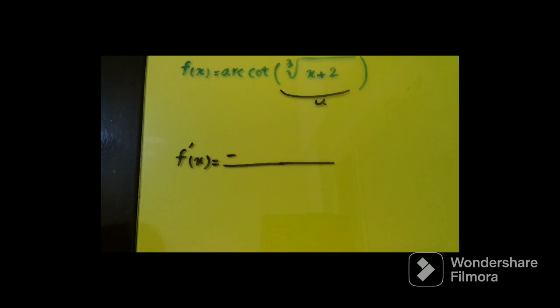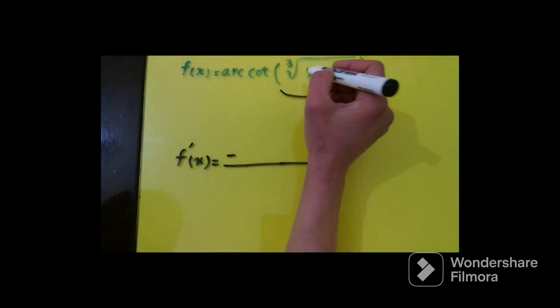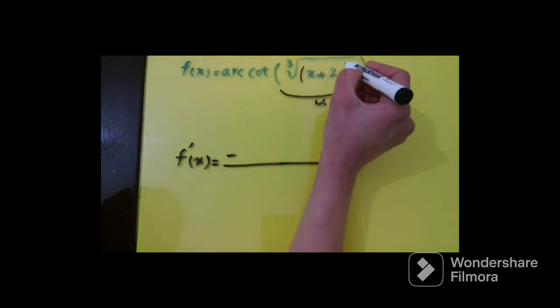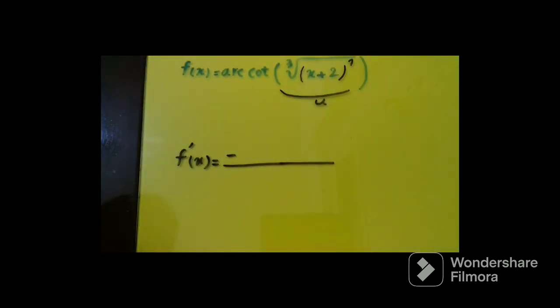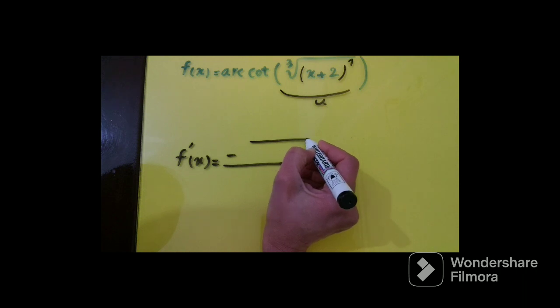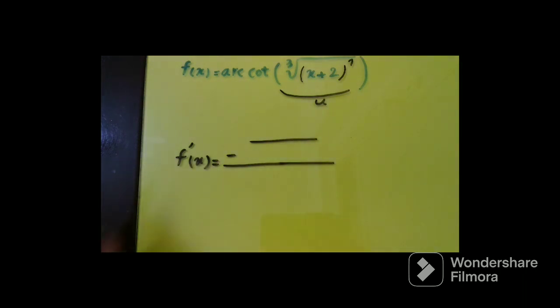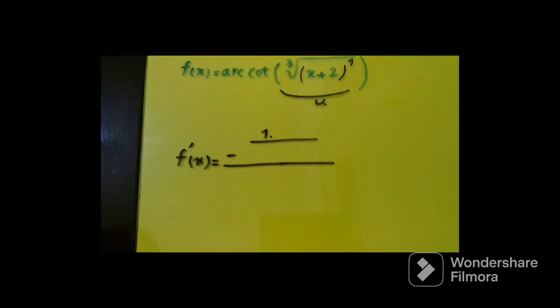So according to the rule, m is 3 and n is 1. For up, it's n times u prime.